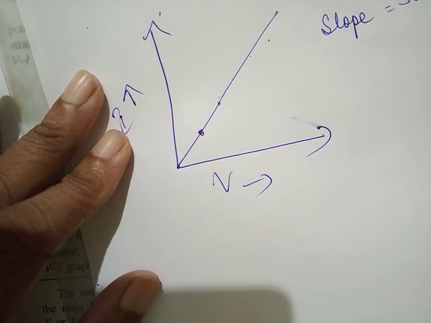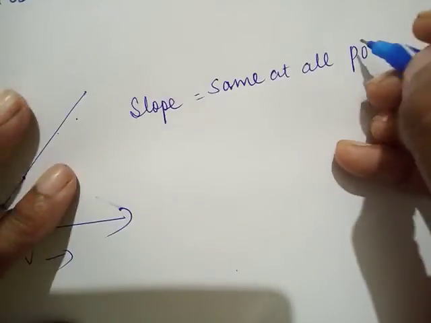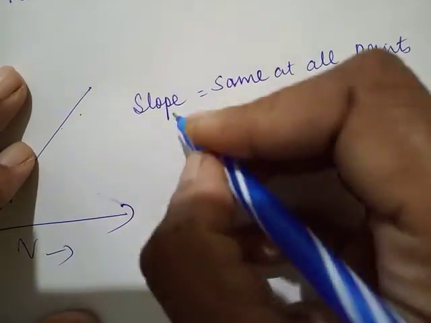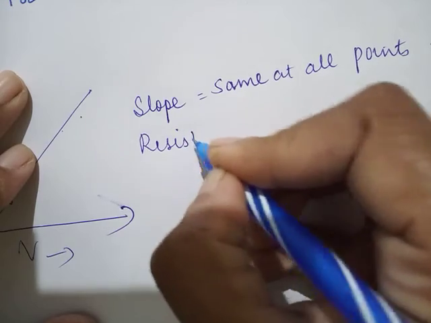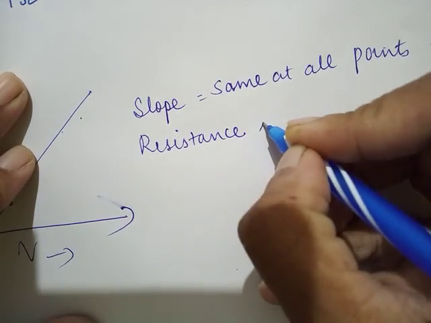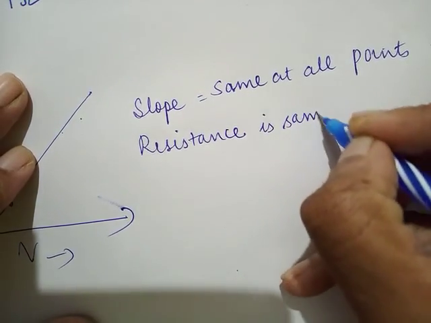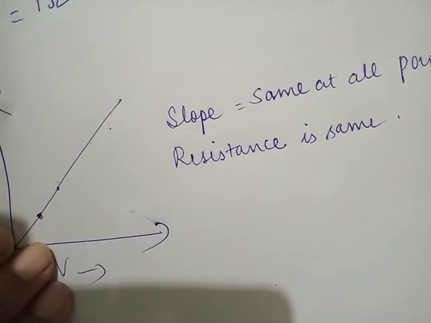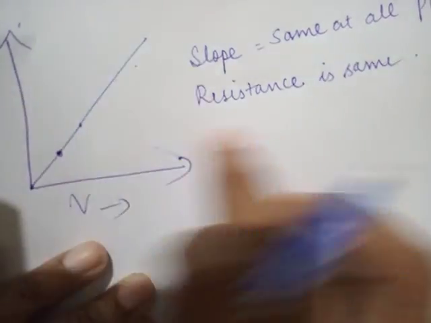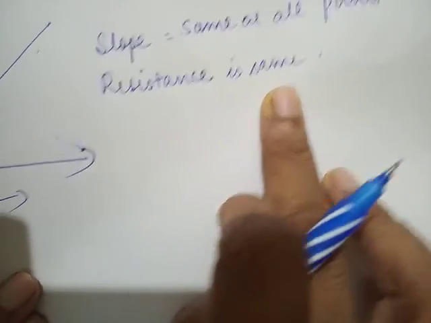So what does it imply? That it has only one resistance. Resistance is the same throughout, if temperature is constant. Then for ohmic resistors, resistance will remain the same.